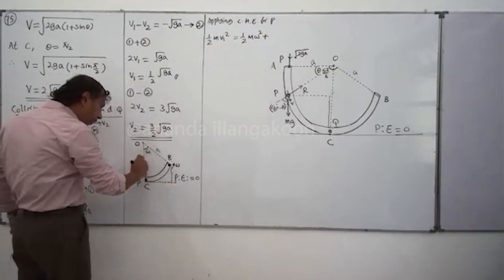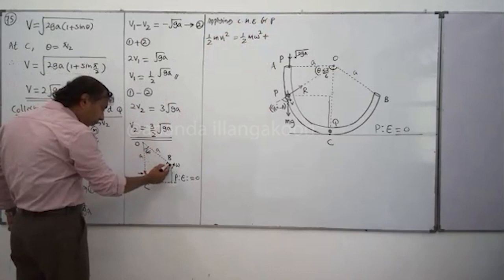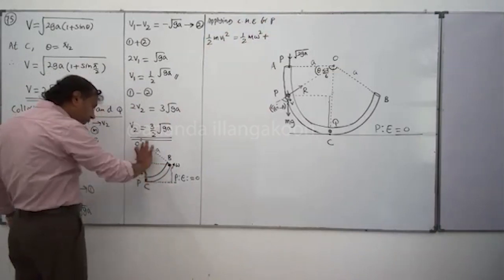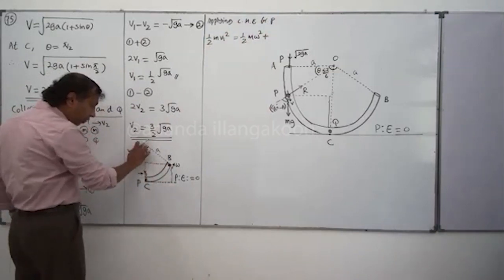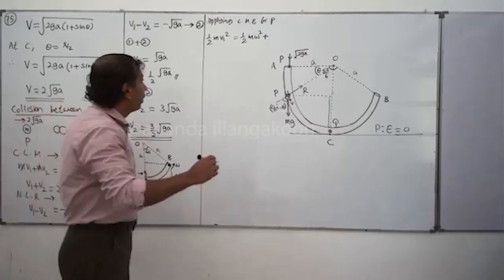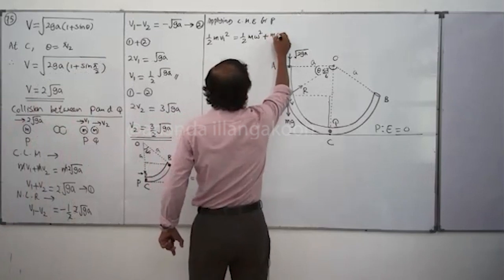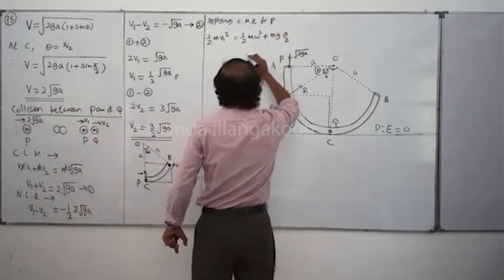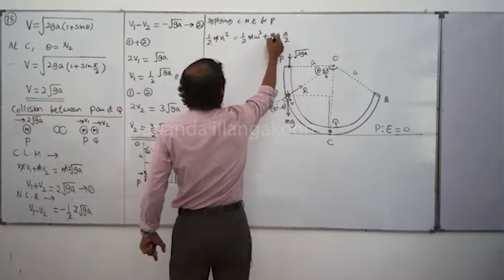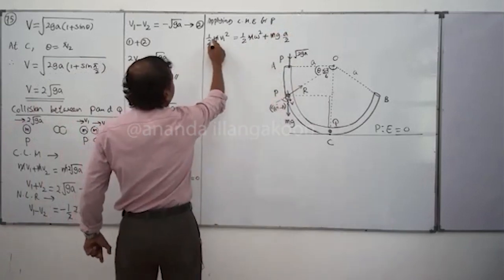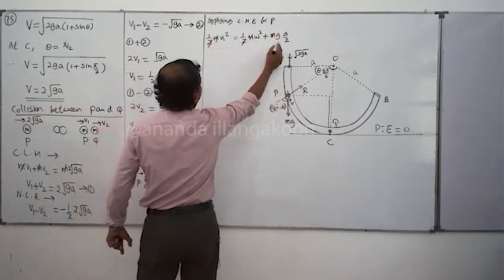This is a, this is a. Then you know this height is a cos 60, that means a by 2. Therefore, this is also a by 2. So m g a by 2. Cancel down like this, and the 2 also we can cancel down.